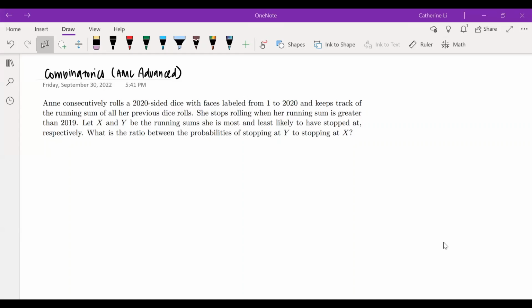So a lot of it is just casework or looking at clever observations. So we're going to be taking all of the basics, which is combinations and permutations and stuff, and then just doing problems based on that. Yeah, so this is the first one.